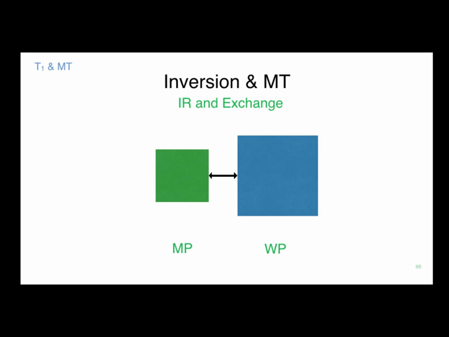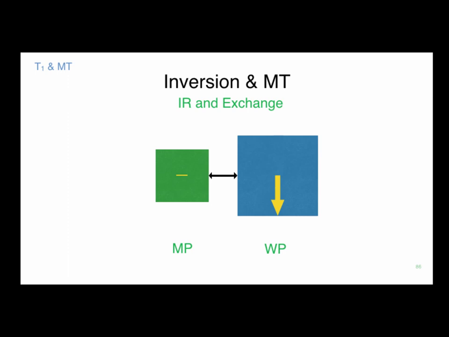So now finally, a little word about the combination of inversion and MT experiments, because it turns out that inversion or T1 relaxation and magnetization transfer are very closely related. Typically in most inversion or T1 measurements, these exchange effects are completely ignored. However, this is not quite correct, since you can invert the water spins.